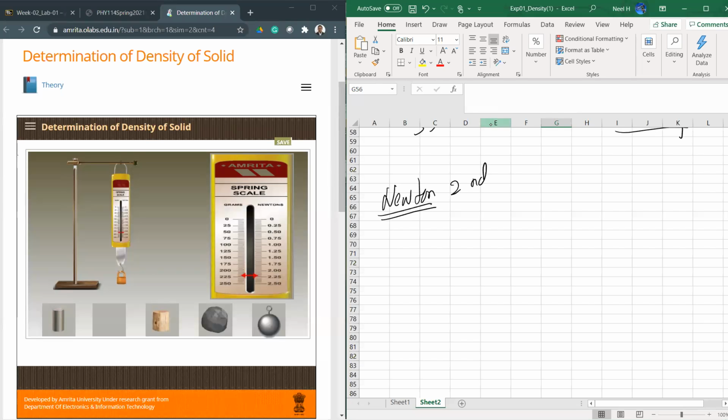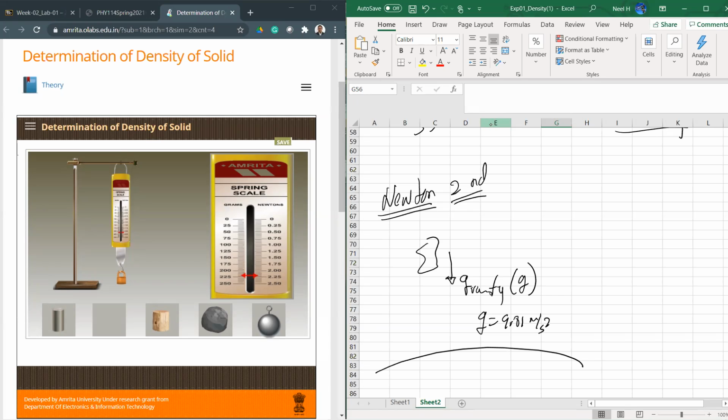In Newton's second law, if you have any mass around the Earth's surface, this mass will experience a downward acceleration, which we call gravitation. This is not gram, okay? This is the gravitational acceleration. The symbol we generally use for that is g, which is 9.81 meters per second squared. Every object is dragged towards the Earth with that number.